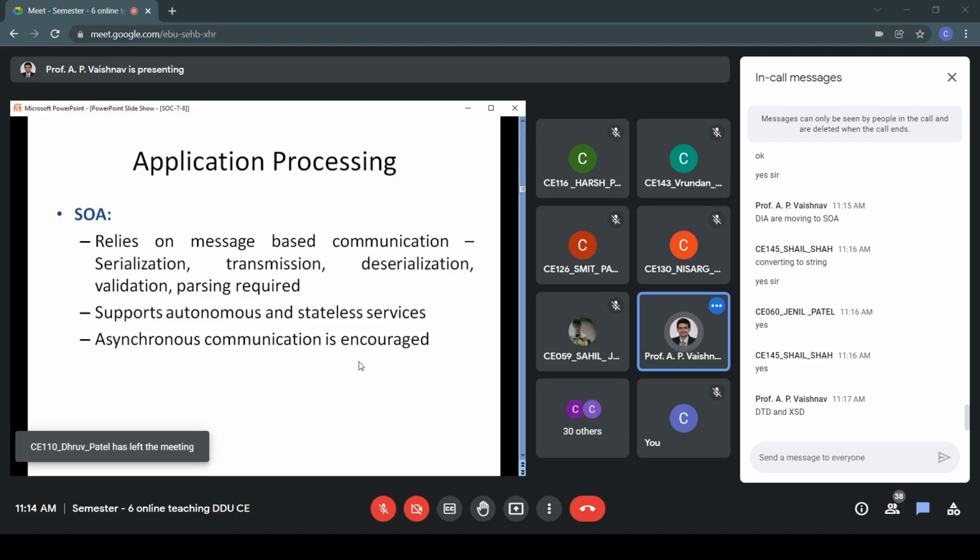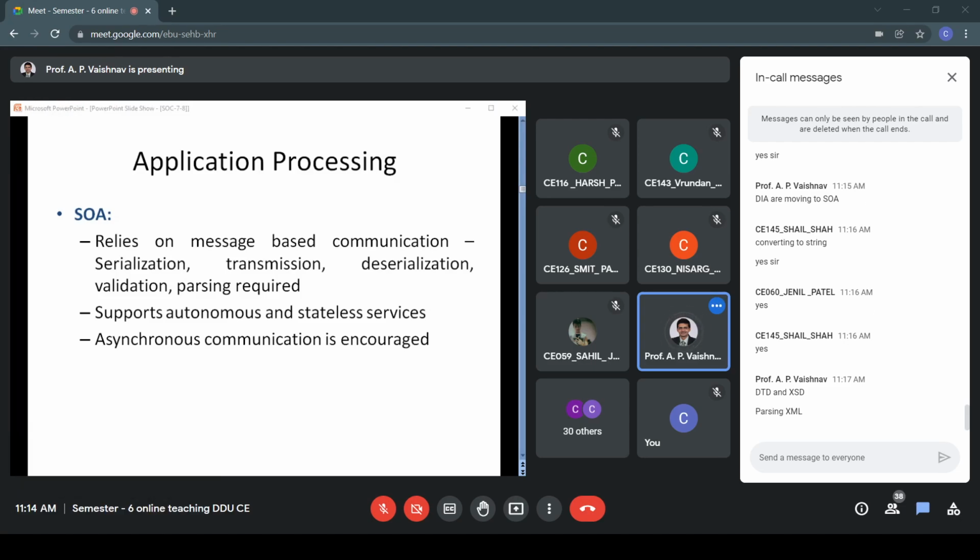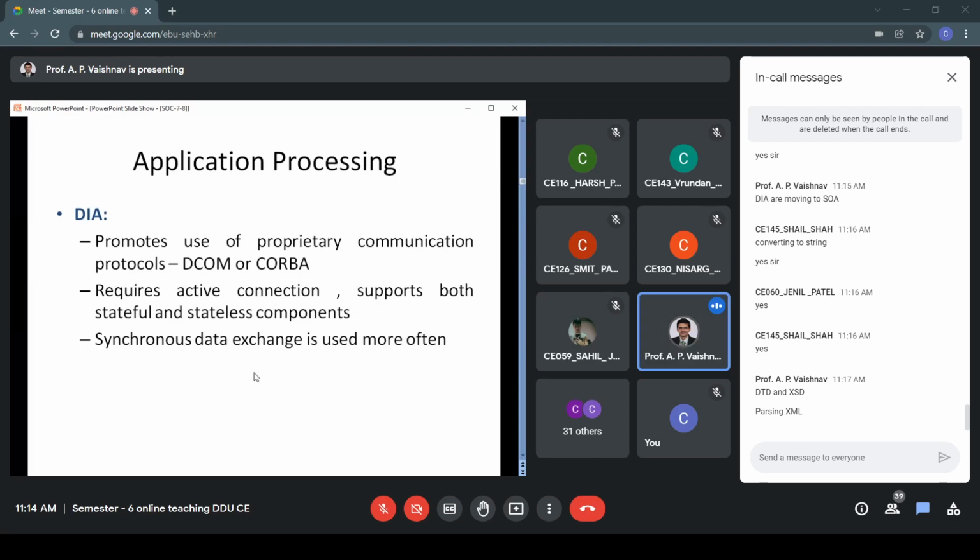So all these things have to be done, right? But by doing this, what is the advantage we are getting? As we are using standardized communication, we can talk with multiple types of applications. That is the benefit. Okay. Clear with the first point? Proprietary versus global? Yes?